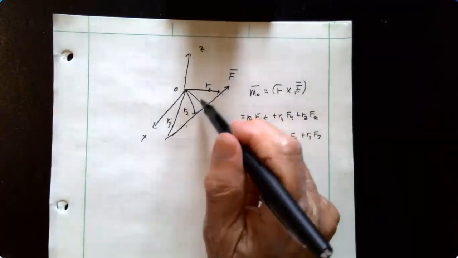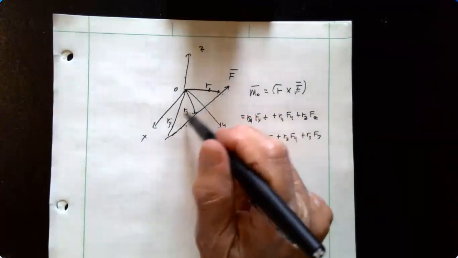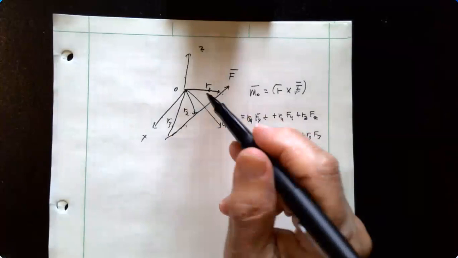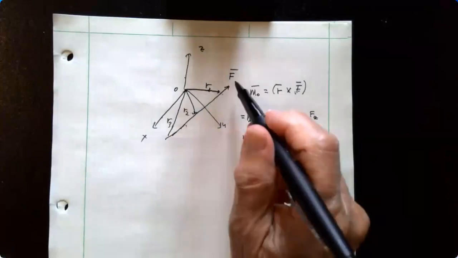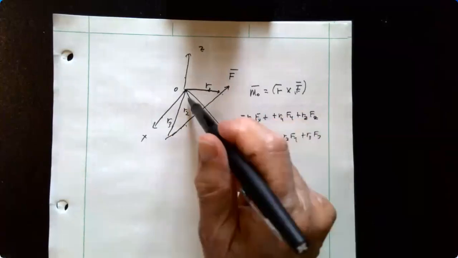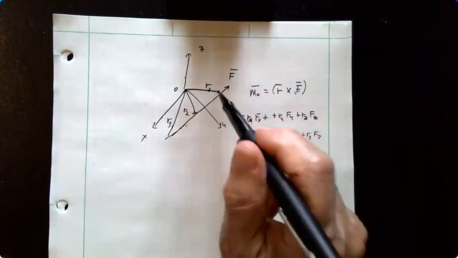Could be any position vector that you can define. It should give you the same value. In other words, R1 cross F is going to equal R2 cross F is equal to R3 cross F.